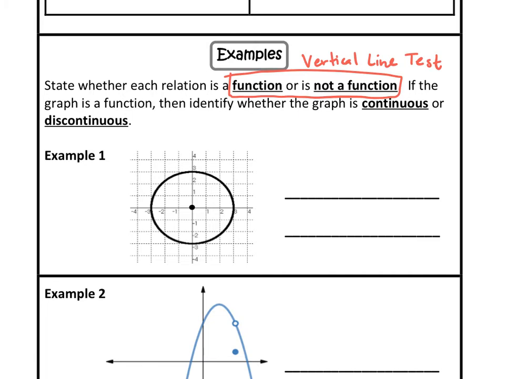Okay, and so let's talk about the word continuous again. Continuous means it's not broken into pieces. And discontinuous means that it is broken, right?